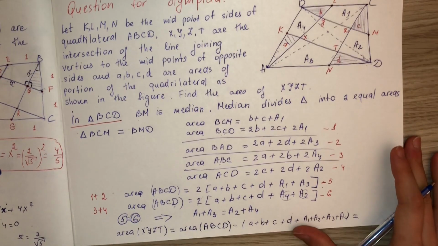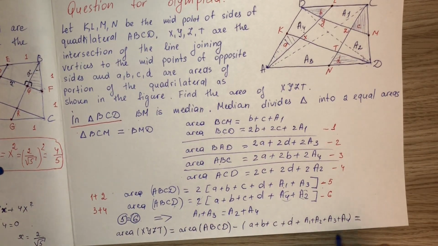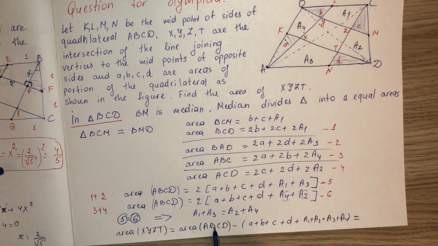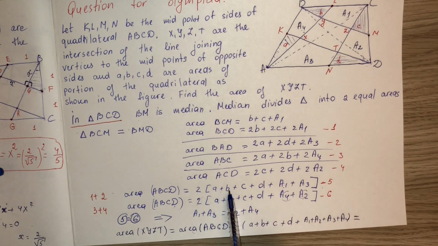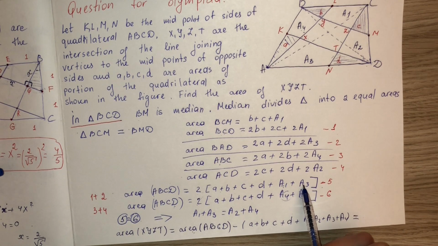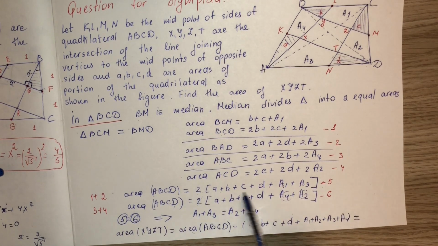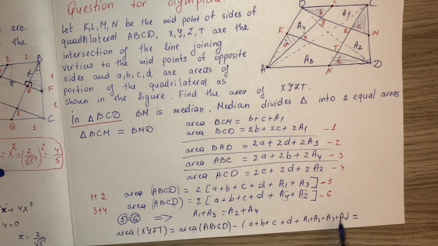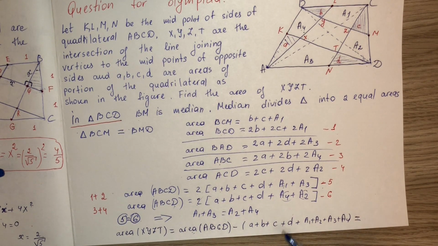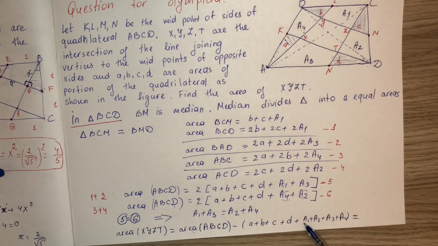And now, keep your attention, please. The area of ABCD is equal to 2 times A plus B plus C plus D plus A1 and A3. Yes, if we subtract from this side, we will cancel. A1, A2, A3, A4 is equal to 2 times A1 plus A3.